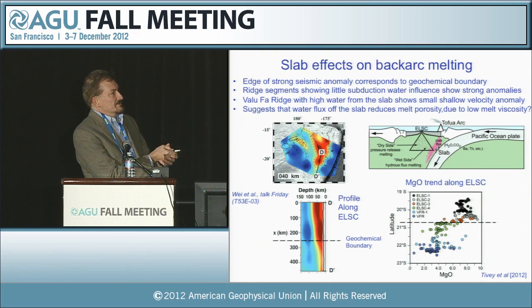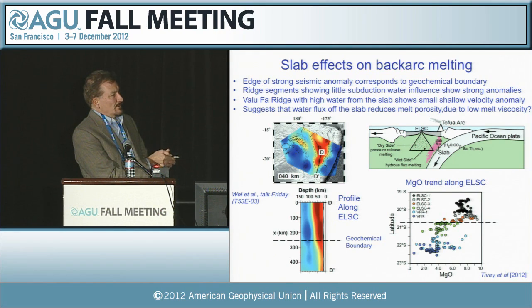Well, there's a huge geochemical and petrologic variation along that arc as the back-arc approaches the Tofua arc and approaches the slab, where you go from basalt here to more silicic as you go south due to the effect of water.